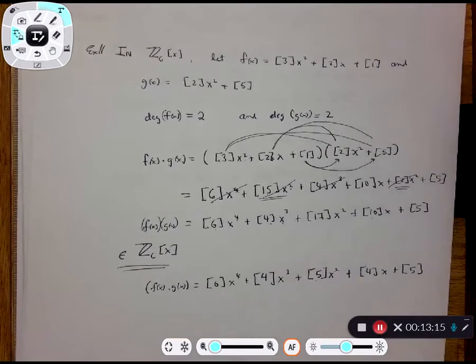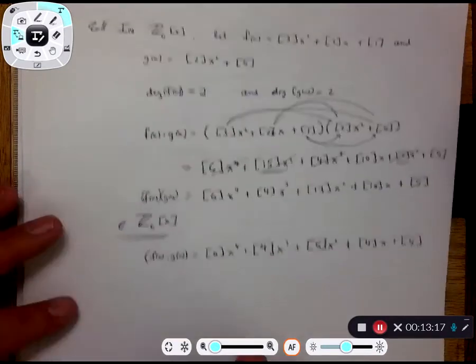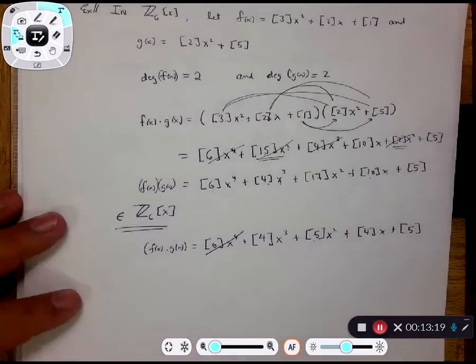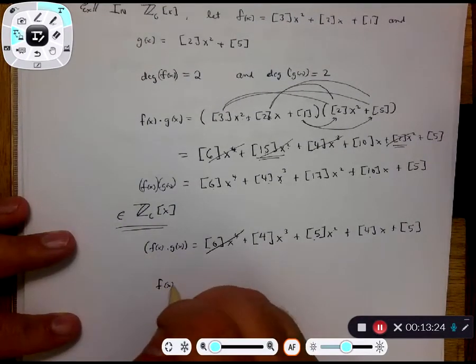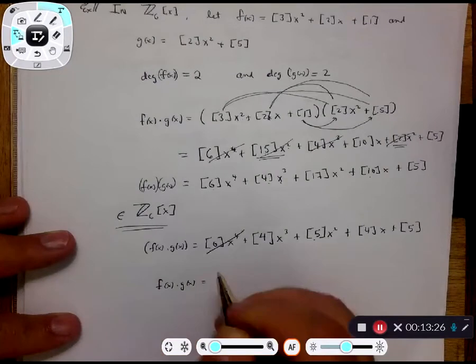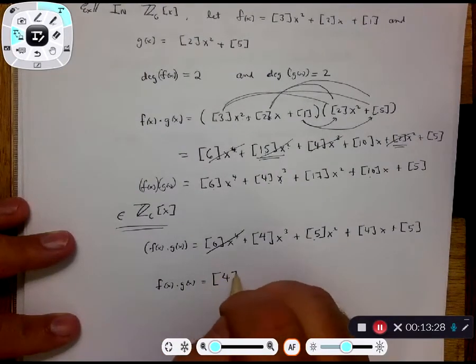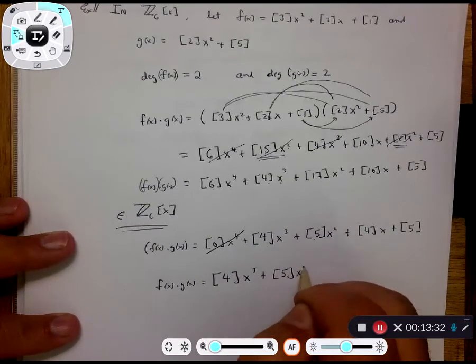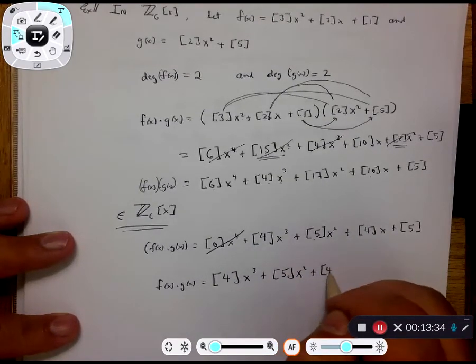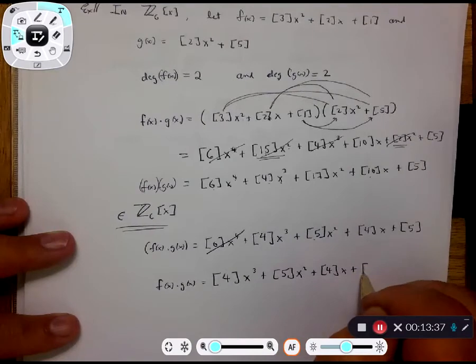That is actually in Z6, and the 0 term is gone because 0 times anybody is 0. So that gives me f of x times g of x is equal to 4x cubed plus 5x squared plus 4x plus 5.